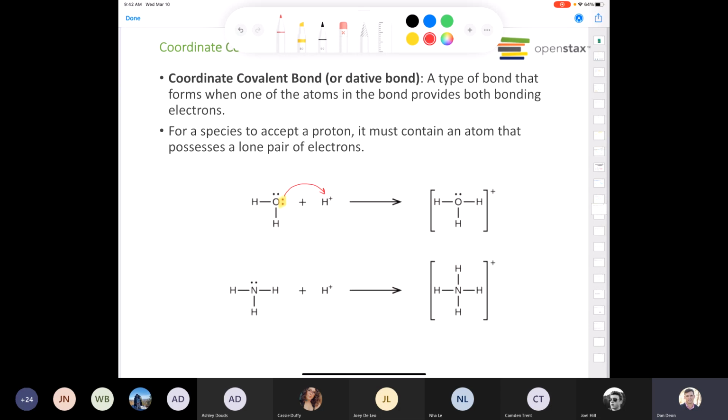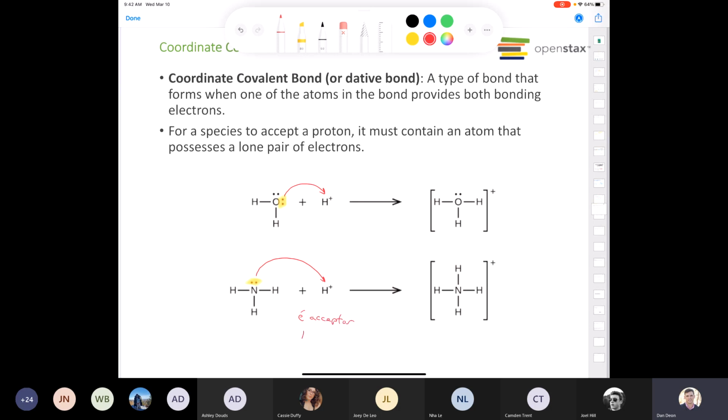A coordinate covalent bond also results when an ammonia molecule combines with a hydrogen ion to form an ammonium ion. So the same thing here. The lone pair on the nitrogen in ammonia, right, gets donated to the proton. So you see how the hydrogen ion or the proton is the electron acceptor.